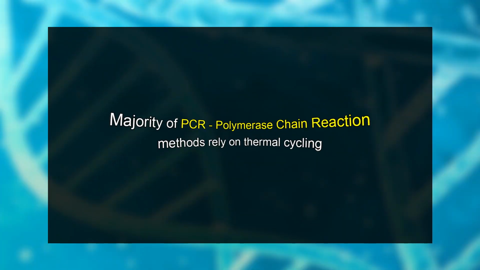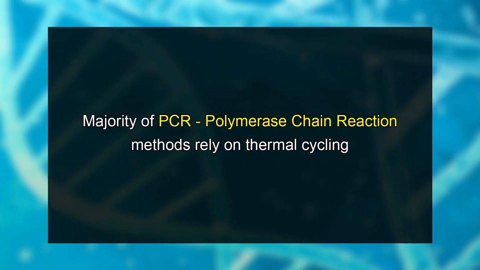Using PCR, copies of very small amounts of DNA sequences are exponentially amplified in a series of cycles of temperature change. The majority of PCR methods rely on thermal cycling.